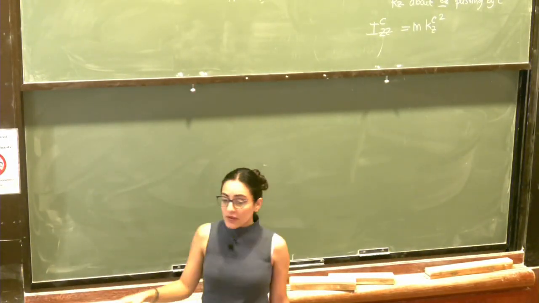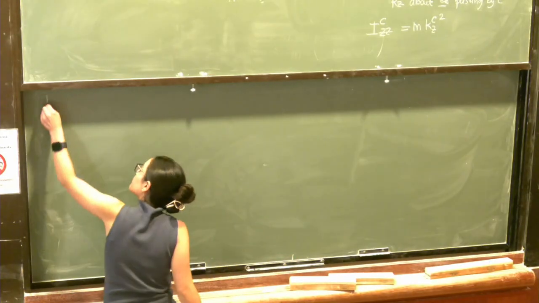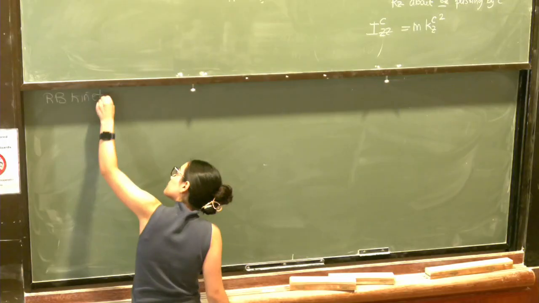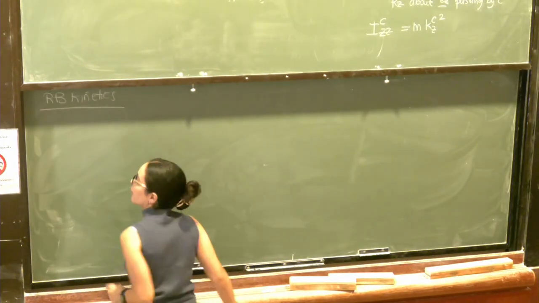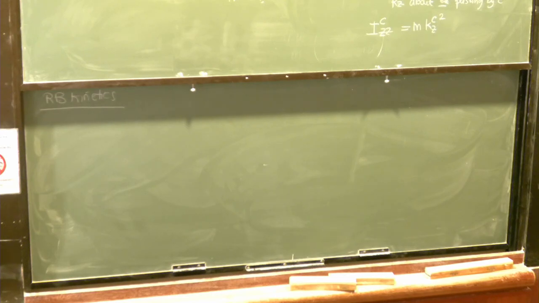Okay. Now what I want to start to look at is the kinetics of a rigid body. How many degrees of freedom does a rigid body have? 6, right? 3 rotational, 3 translational degrees of freedom.